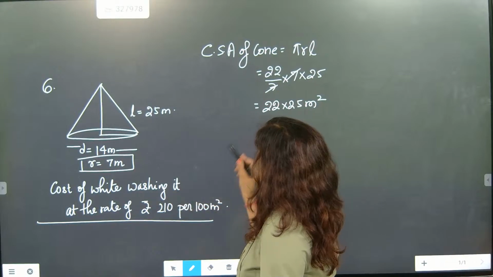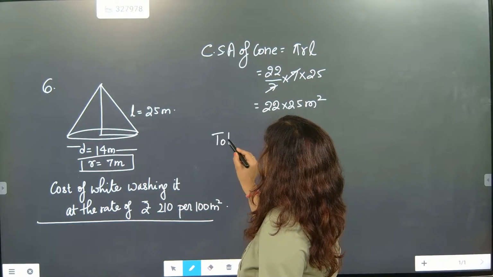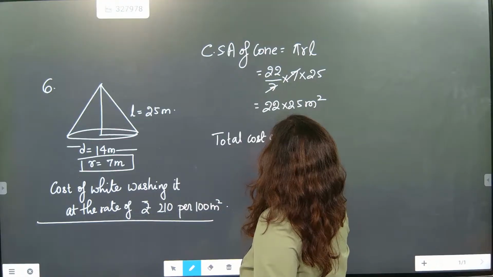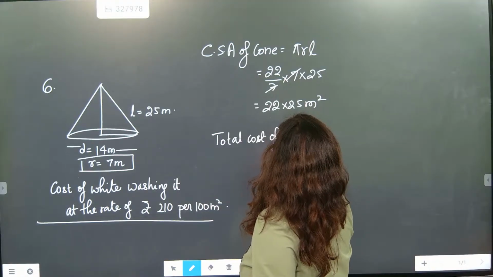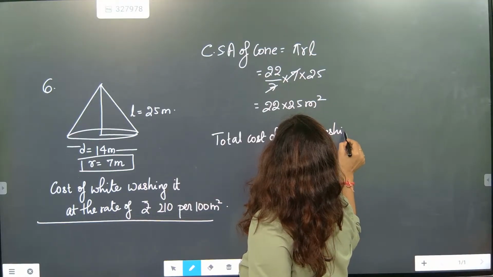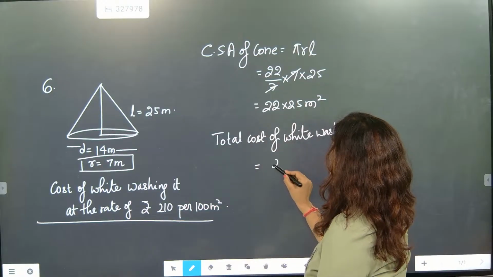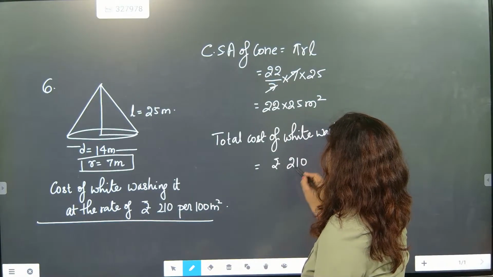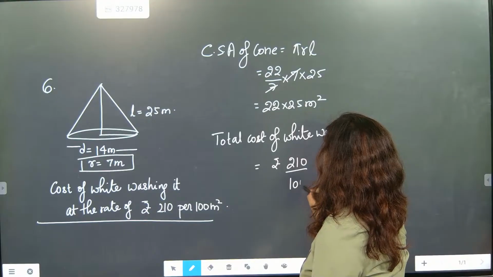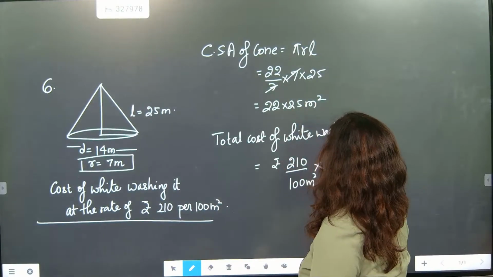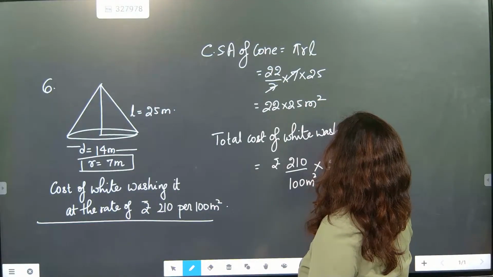Now total cost of whitewashing is equal to rupees 210 by 100 square meter into CSA. CSA is 22 into 25.